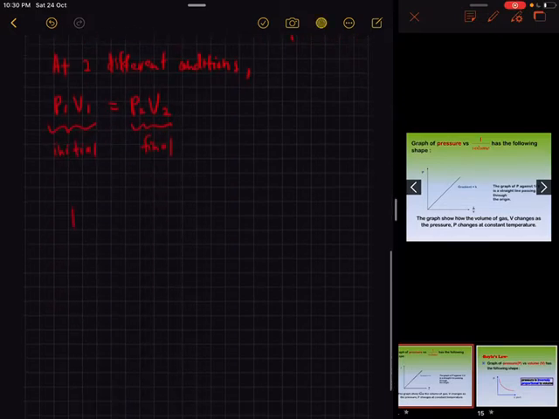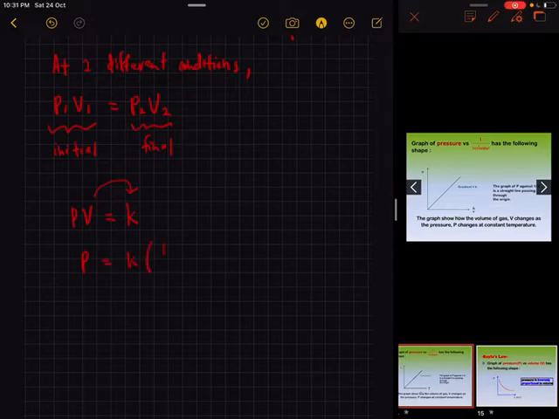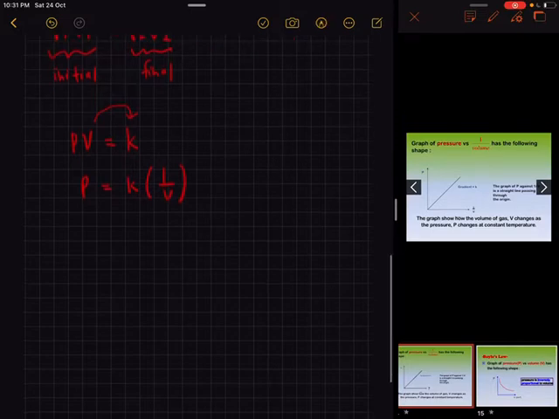Okay, P times V equals to K. So when you bring the V ni ke sebelah kanan, this will become P equals to K over V. Okay, so bila you insertkan persamaan garis lurus dalam this formula, dia akan jadi Y equals MX plus C. Okay, so dekat atas ni, this is plus 0.